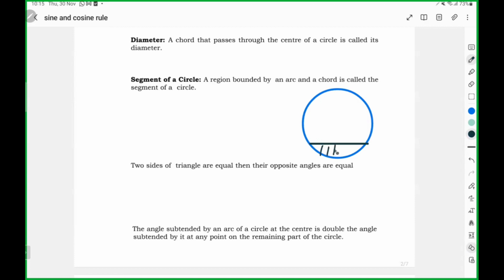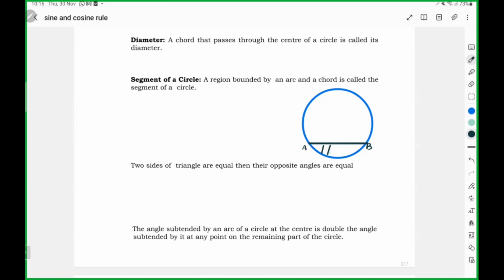Here the chord AB divides the circle into two parts.